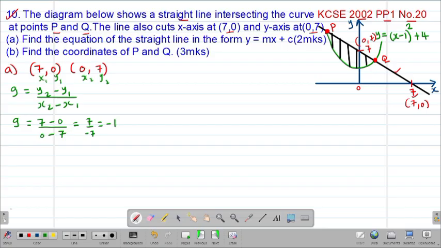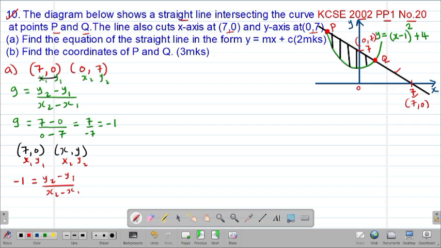So I'll pick one of the points, the first point here, that is (7, 0). Then I pick a general point (x, y). I'll let this be my (x1, y1) and this be (x2, y2). That means the gradient, which is negative 1, should be equal to y2 minus y1 over x2 minus x1.